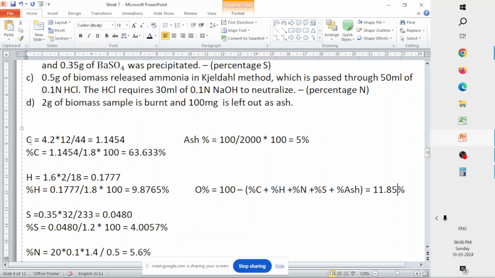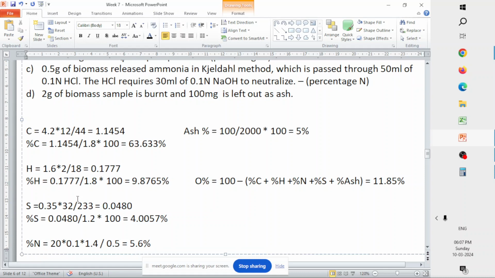But if you see, your percentage of carbon is 63%, and even though your hydrogen is not going to add up to your calorific value, it's fine. 63% is quite a high carbon content, but there are also other biomass samples with a much higher carbon content.